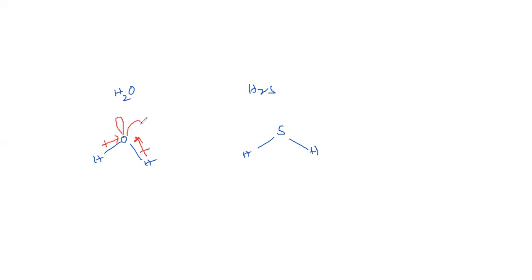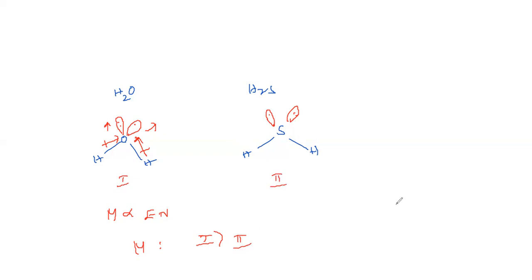Similarly, lone pairs are there in both cases. Now both are almost the same, but which is more? Dipole moment is directly proportional to electronegativity. Oxygen is more electronegative, so the dipole moment of the first one, water, is greater than the second one, H2S.